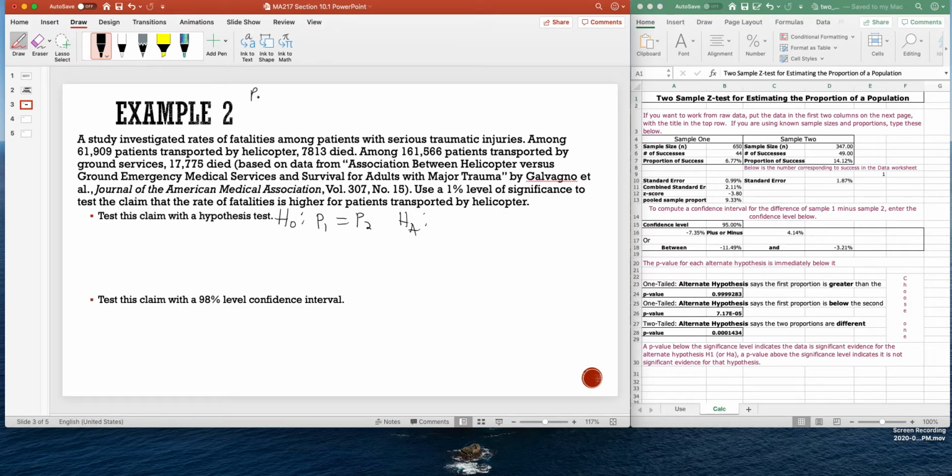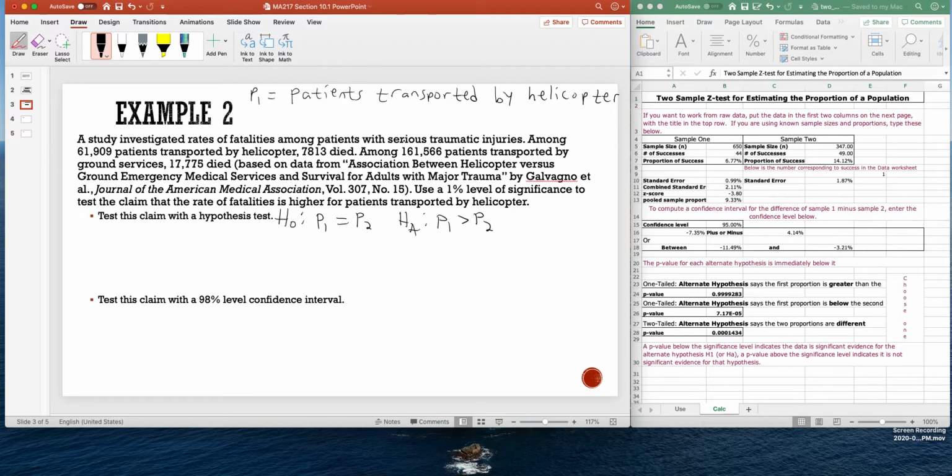So let me put P1 is for the patients transported by helicopter. So because of that, P1 would be greater than P2.